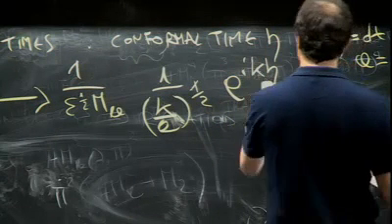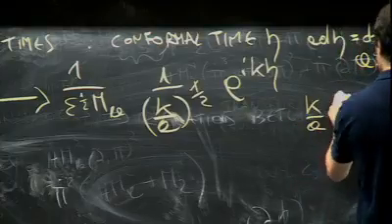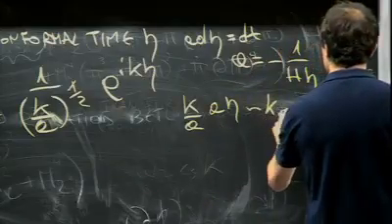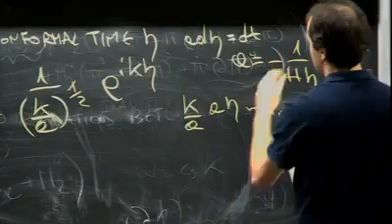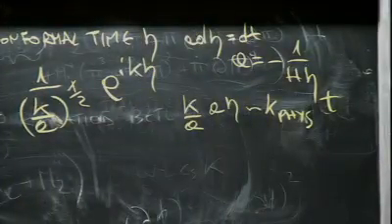And then this will go as e to the I k eta. Notice that k eta is basically k over a times a eta, which is, roughly speaking, k physical times t. So we need to solve this equation with this boundary condition at early times.